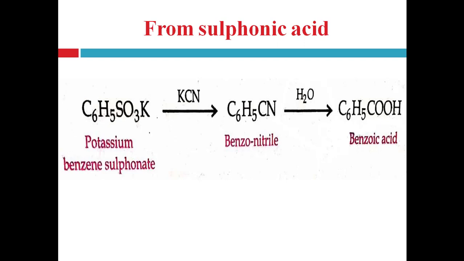Potassium benzene sulfonate is heated with potassium cyanide and converted into cyanobenzene, which on hydrolysis gives benzoic acid. Here the cyano group replaces the potassium sulfonate group, the SO3K group is replaced by the cyanide group. So it is first converted into cyanobenzene and then forms benzoic acid by hydrolysis.